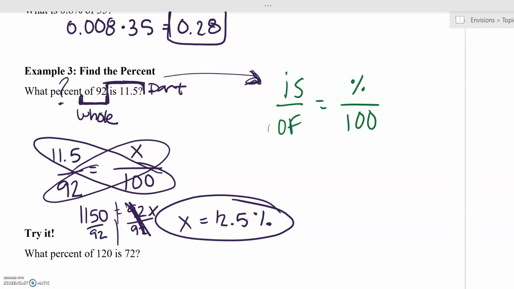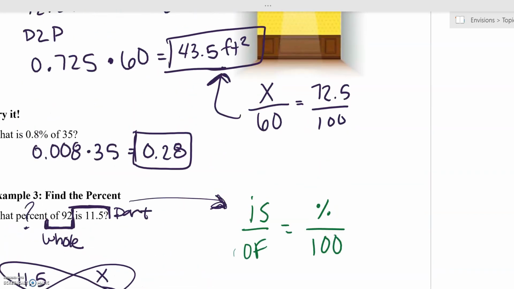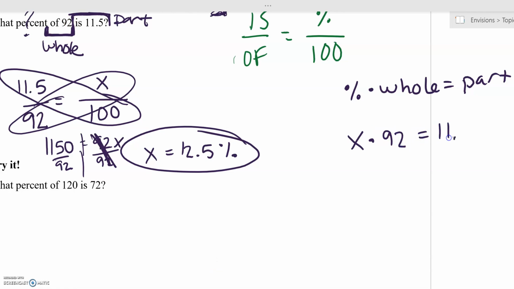And there's my answer. Now, if you were thinking that you still like the equation more, remember the equation is going to be my percent times my whole is equal to my part. Okay, so my percent, we don't know. The whole is our "of" part, so that's 92, and my part is 11.5. So you still have to solve your equation. So I'm going to have to divide by 92, divide by 92, so that I get my x on this side.